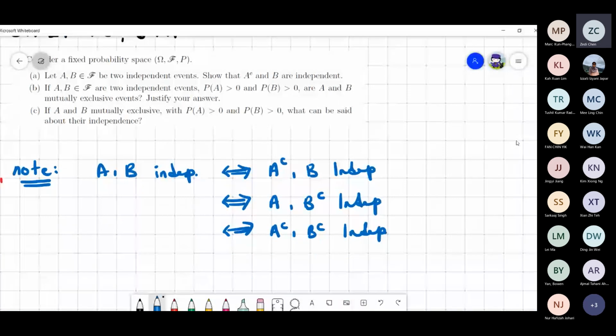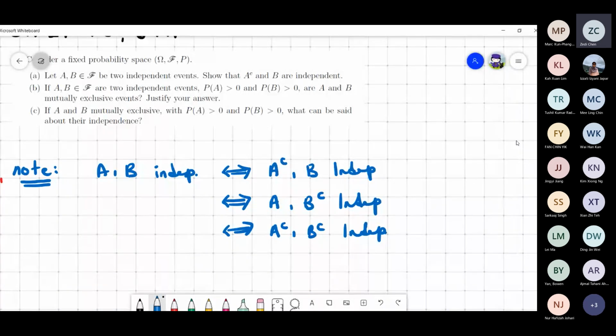Here I only show you the proof of the first one, just to demonstrate A, B independence implies A complement and B independent. In fact, if you are taking A, B independent, then you can take any combination of A, B, A complement, B complement.